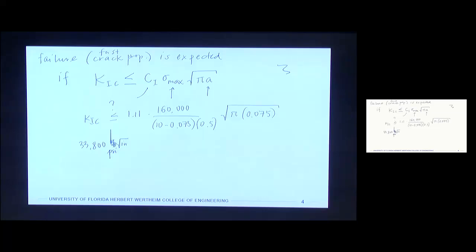Like significantly more than the K1C. Yeah, that doesn't make sense to me, so I'm trying to figure it out here. What have I done wrong here? This was supposed to be the easy example. Go back here.